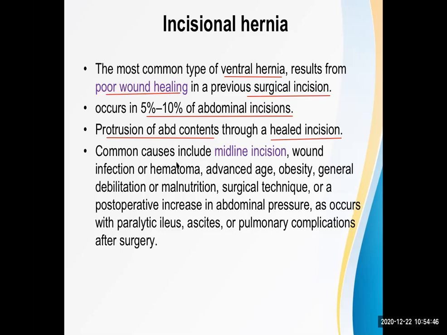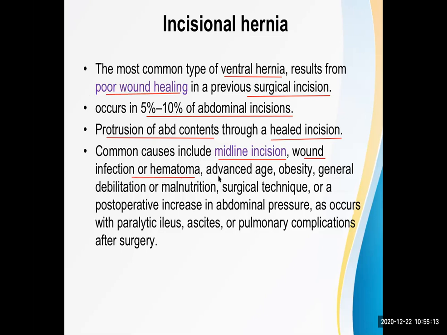What are the common causes of incisional hernia? They include midline incision, which does not heal properly in time because of poor blood supply there. Wound infection or hematoma doesn't allow the wound to heal properly, but herniation occurring at that time we don't call incisional hernia.